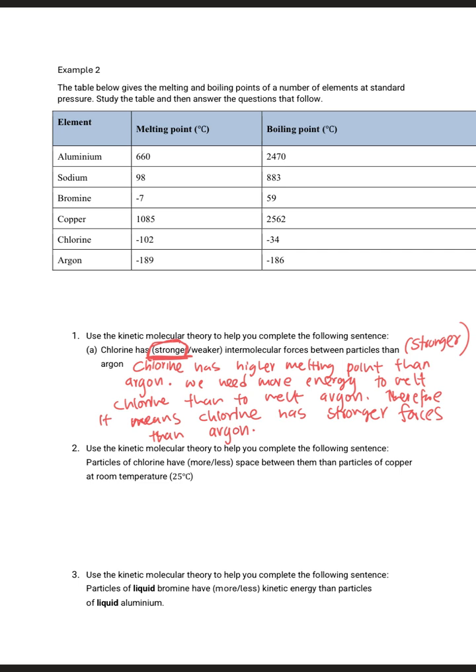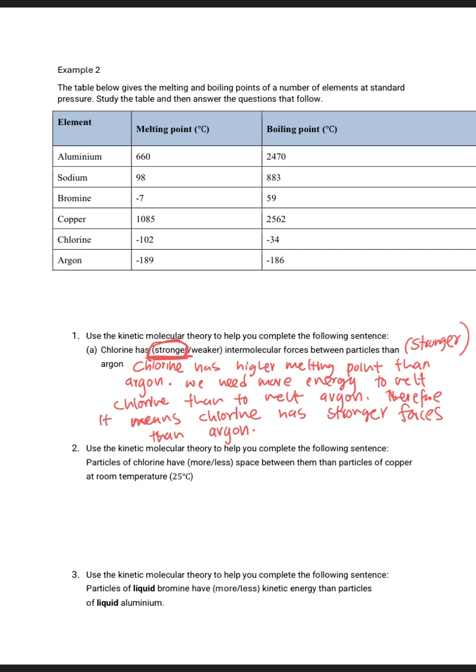And then the second question, use the kinetic molecular theory to help you complete the following sentence. The particles of chlorine have more or less space between them than particles of copper at room temperature. Then we need to ask ourselves, chlorine exists as what at room temperature?